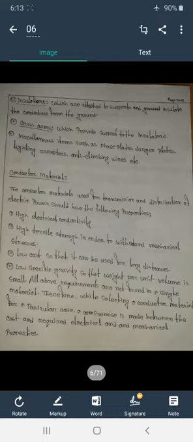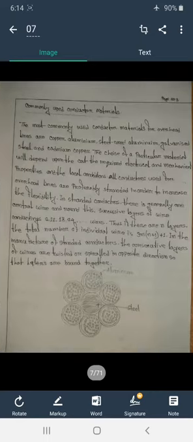All the required properties are not found in a single material, so a compromise is made between the required electrical and mechanical properties.